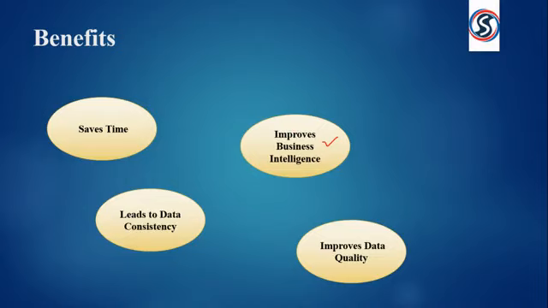This way you can identify and remove replicated data and poorly recorded data, and if there is any error in the data, you can remove that and improve it. Third, we have improved data quality.